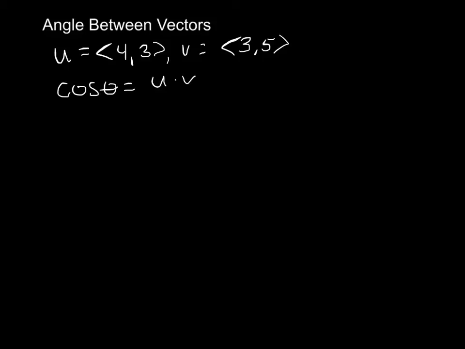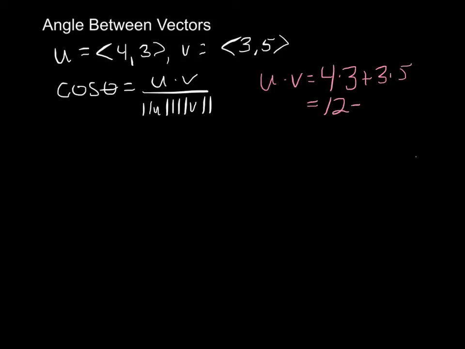So let's see how this works. We've got two vectors, 4, 3, and 3, 5. And we'd like to find the angle between the two. Well, here's our formula. Okay, so what we need are three different things. First, we need u dot v. So that's 4 times 3 plus 3 times 5, which is 27.